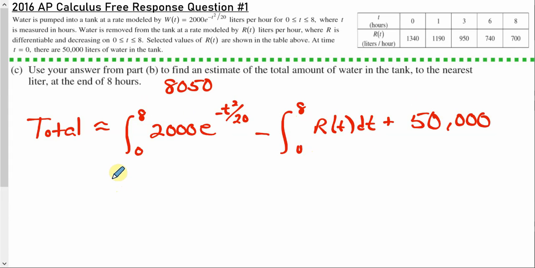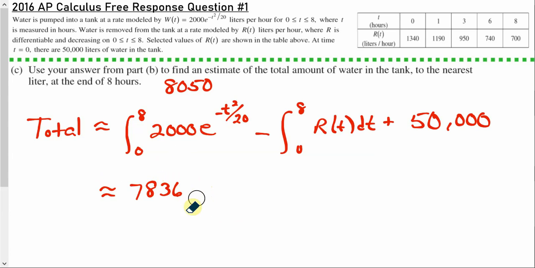Again, it's a calculator-driven question, so you won't have that on this year's test. You plug this into your calculator to find the integral, and we're doing an approximation, so it's just an estimate. You get 7,836.19, so I think we just leave it like that.